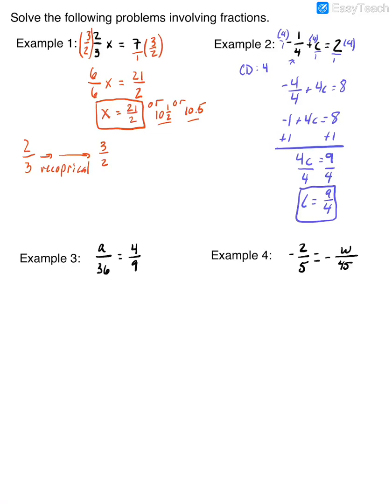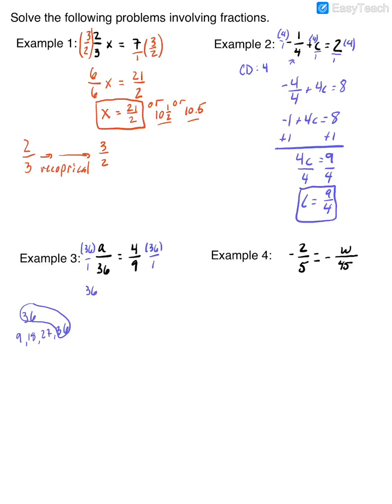So for 36 and 9, I could make them both 36, right? So I can multiply everything by 36. I'm putting them over 1 because everything's over 1.